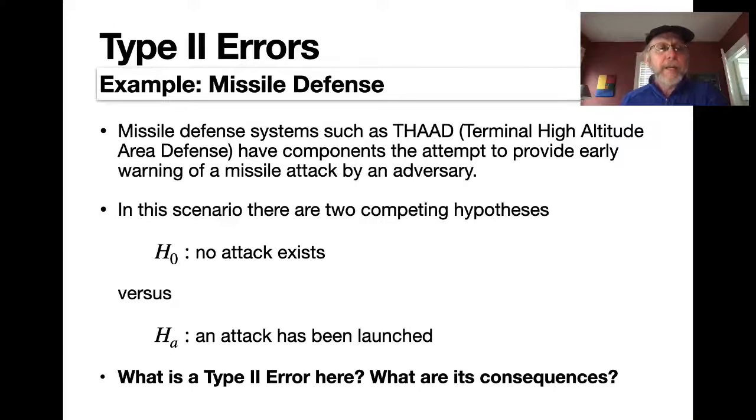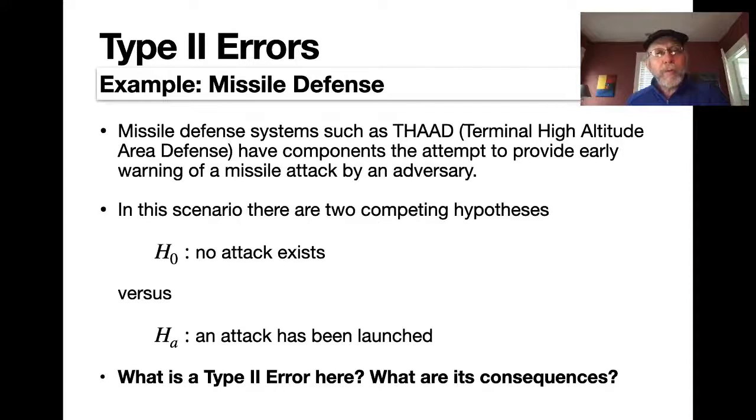So since we failed to reject H0, we would believe that no attack exists, but that would be false. An attack would actually be underway. The consequences of that, I think you can see, are pretty serious as well. We're essentially defenseless in the face of an attack.